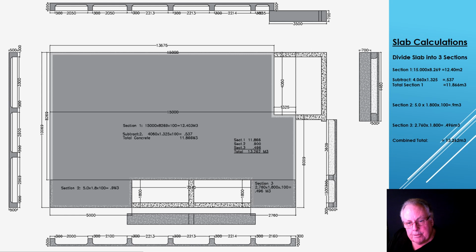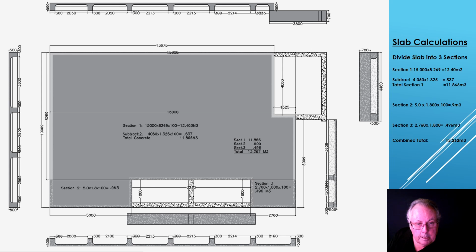Now, there's half a dozen different ways that you can work out this particular slab. When I did this, I chose to break it up into a square that goes right through to here, 15 meters, and 8 meters 269, which, if you remember, is our shortened beam length that runs to this edge.